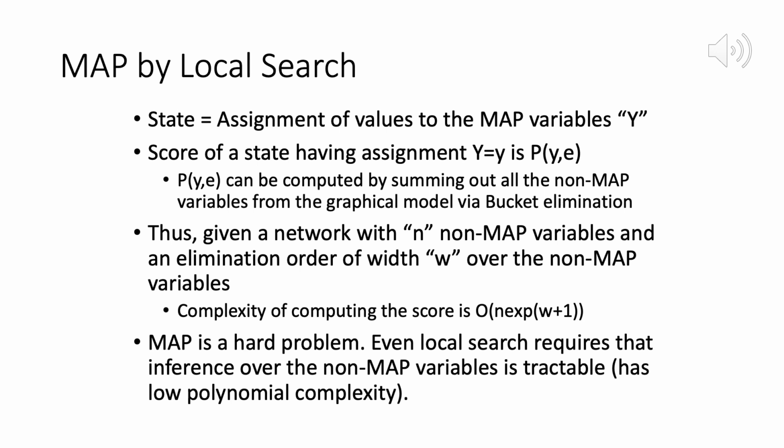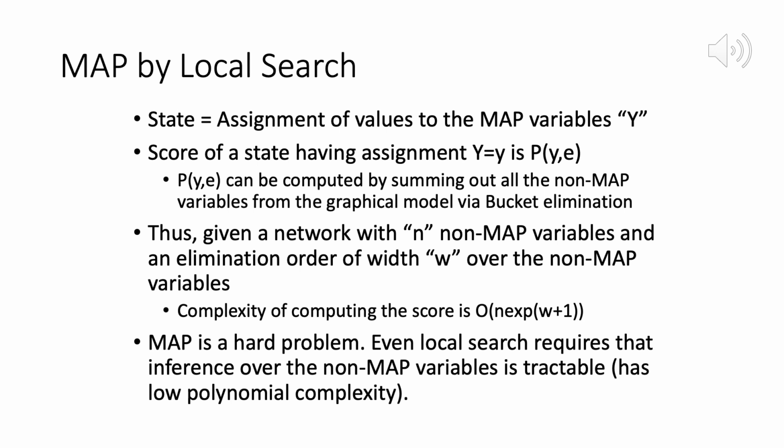So this is the point I want to make, and I come to all the time. MAP is a really hard problem. Even local search requires that inference over the non-MAP variables be tractable. Otherwise, each move in your local search algorithm for MAP is going to be intractable if the tree width of the graphical model over the non-MAP variables is very, very high.